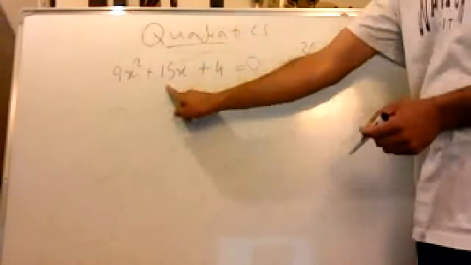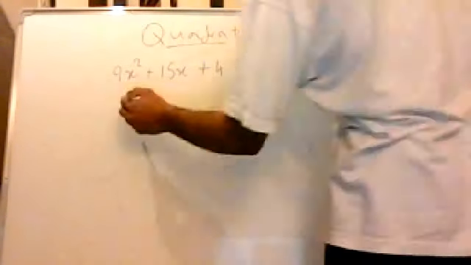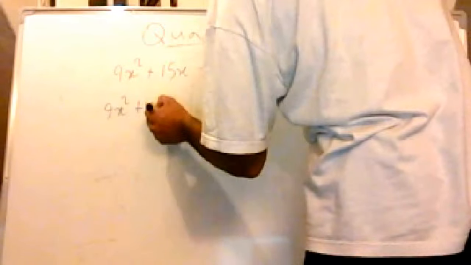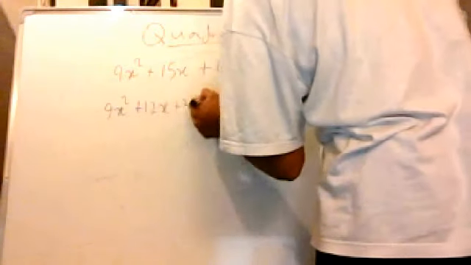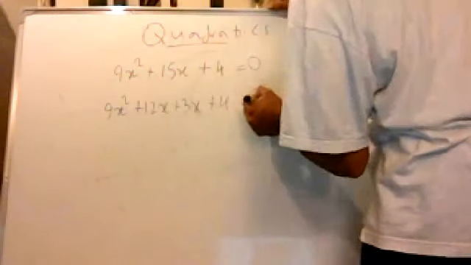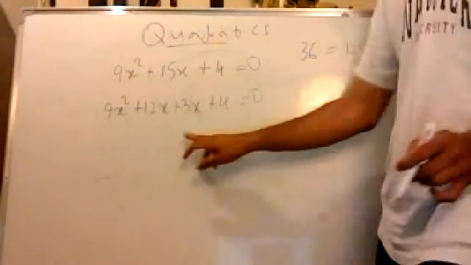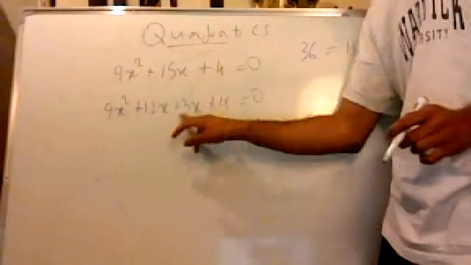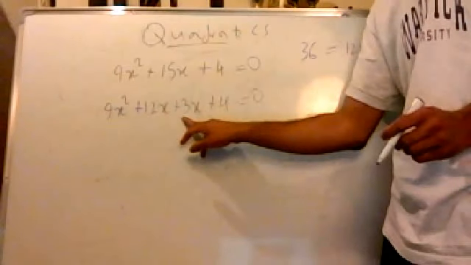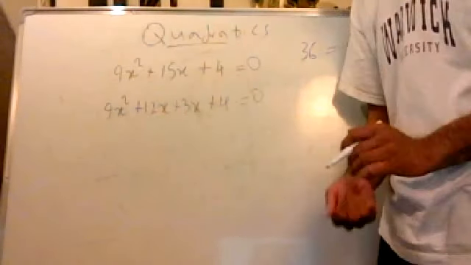Now I'm going to split this 15 into two terms. So that's going to be 9x squared plus 12x plus 3x plus 4 equal to 0. And by the way, it doesn't matter whether you write the 12x plus 3x or 3x plus 12x, it's going to give you the same answer either way.